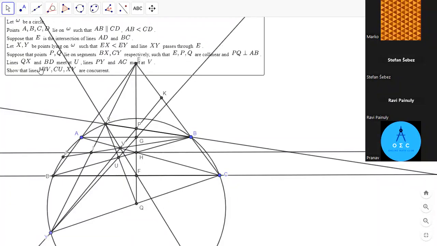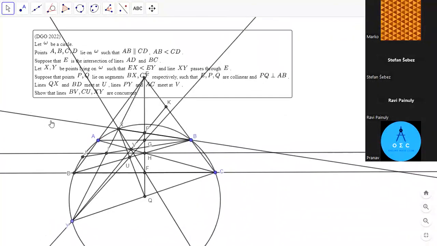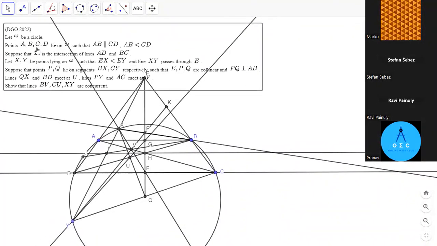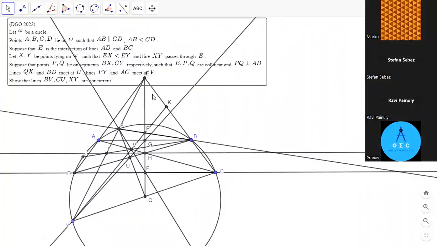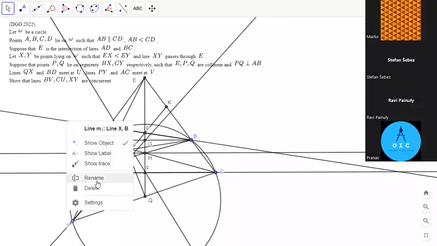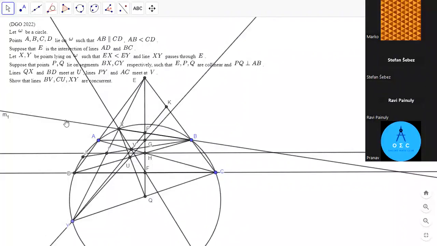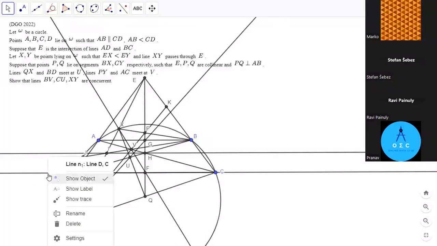So I drew a lot here, but I think it might be helpful. Okay, let me make this a little neater. So BX, why did I draw this? Okay, I'm gonna delete this. I'm not sure why I drew this.